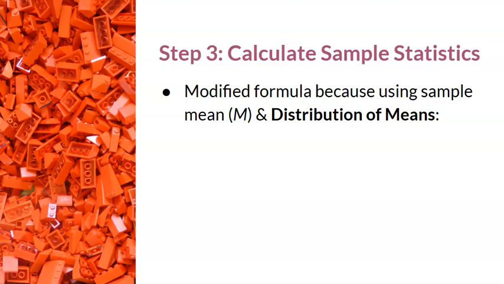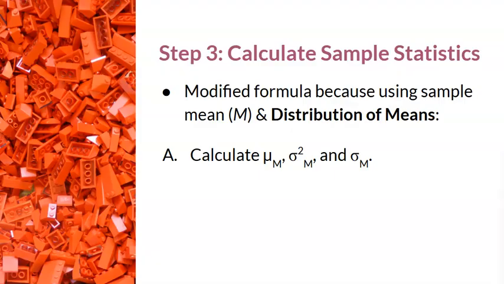This step now requires 2 parts. First, we will need to calculate mu M, sigma squared M, and sigma M because we know population variance and need to use the distribution of means. Please see the Nearpod lesson for the lecture video that reviews the rules and formulas for calculating these components.